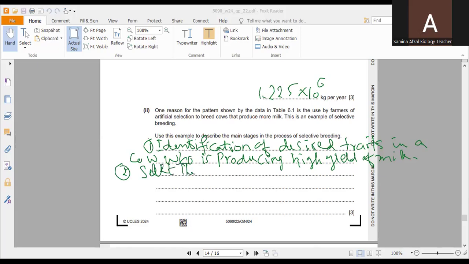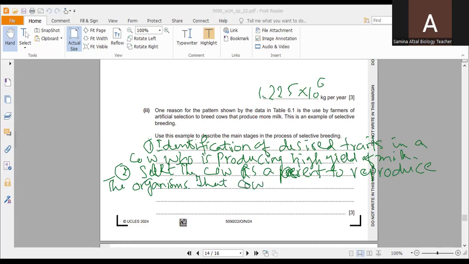That cow which is selected should be a true breeder.